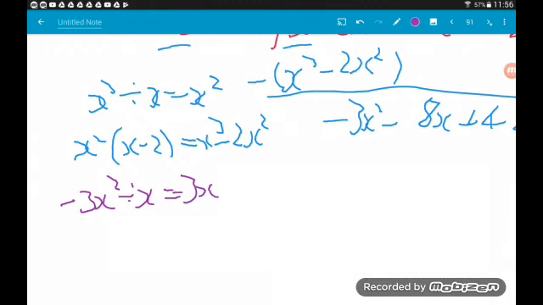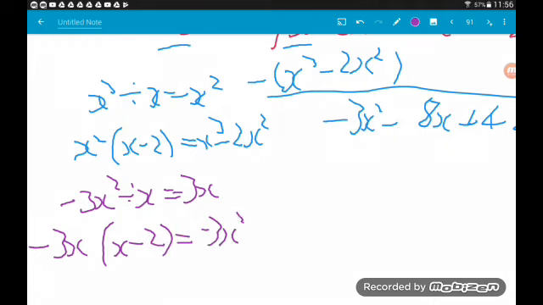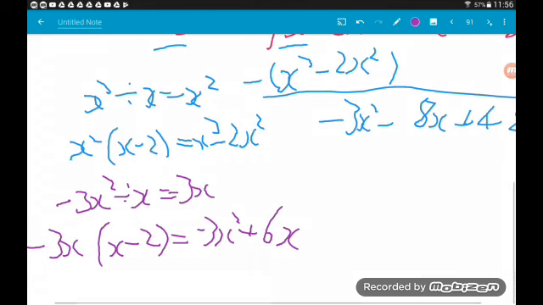So minus 3x times x minus 2 gives us minus 3x squared plus 6x. So we now write that underneath the blue. So we got minus 3x squared plus 6x.